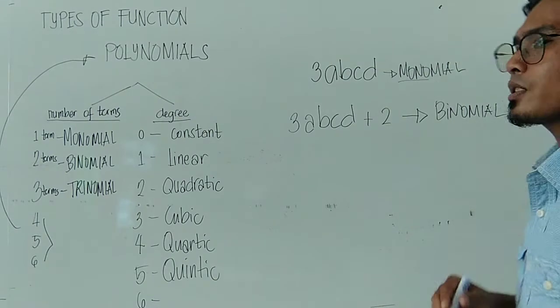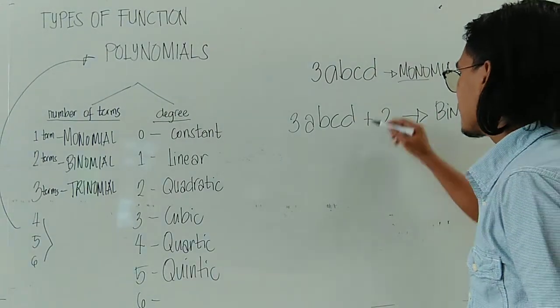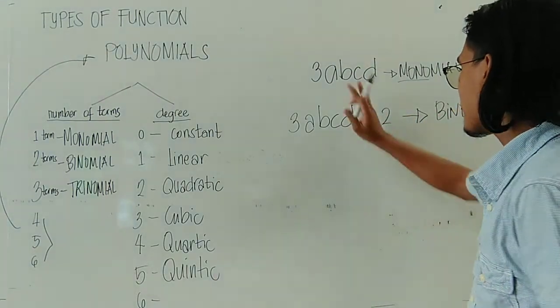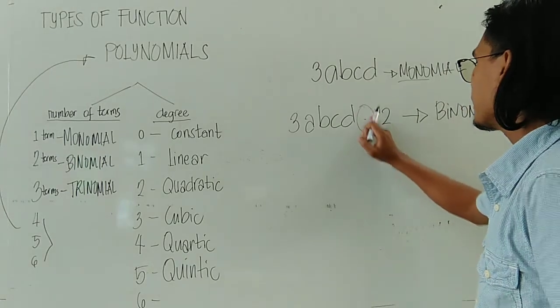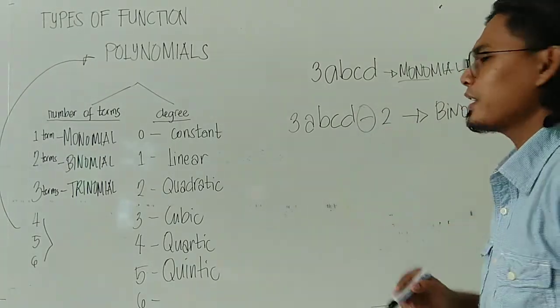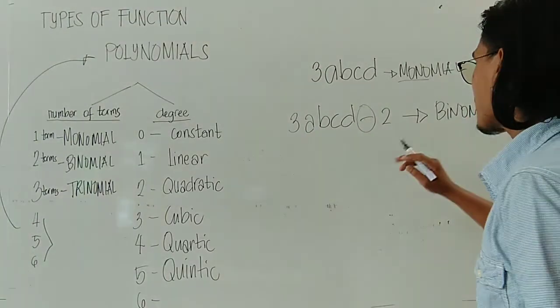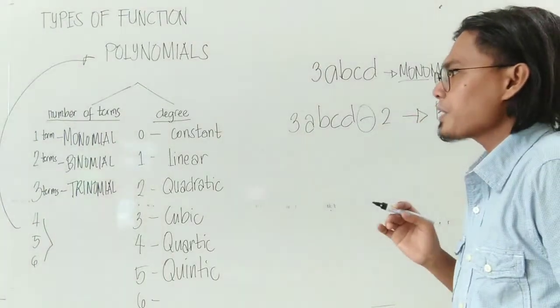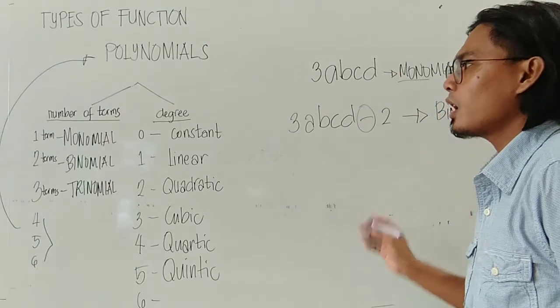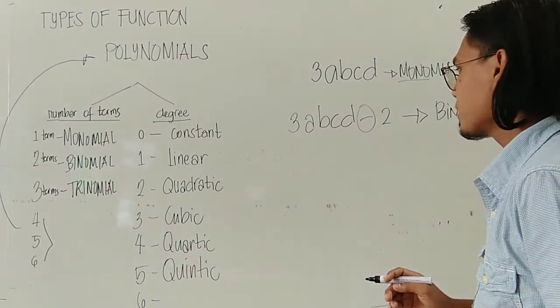We count the terms by how they are separated by plus or minus. Okay? So let's not be confused with our polynomials according to the number of terms.